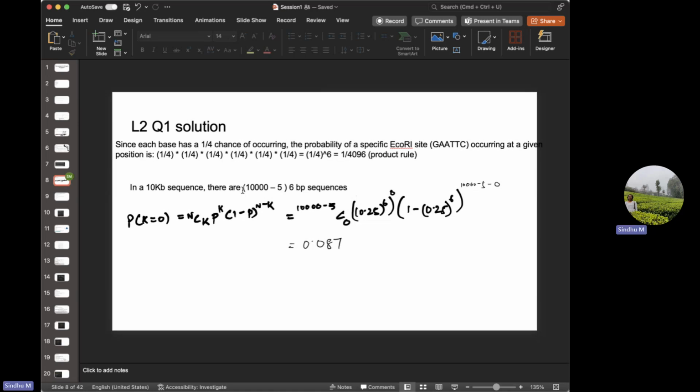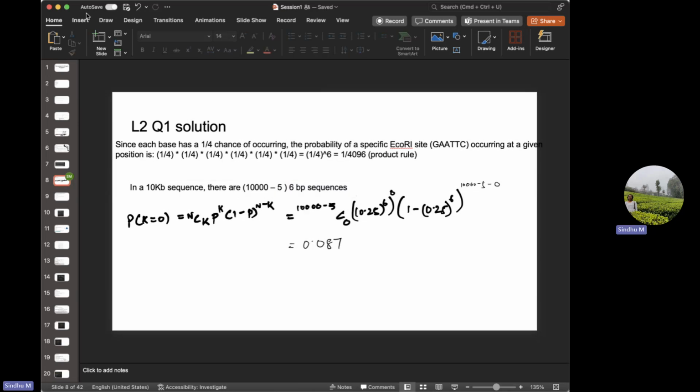The total possible number will be 10,000 minus 5, because for the first 5 positions we can't have a 6 base pair sequence, so we are just subtracting 5 here.